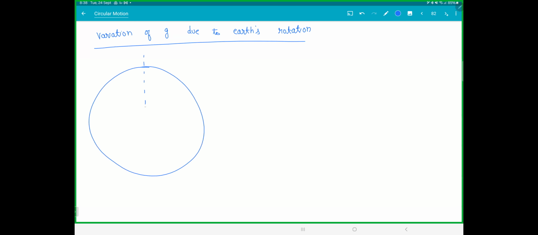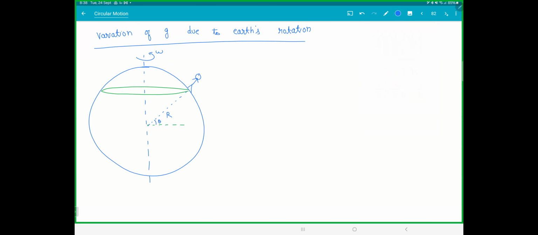Now we know the Earth is rotating, and let's say you're standing somewhere here. Now understand this is your radius R, but you're not going in this radius. You're going in this circle, isn't it? You're going in some other circle.